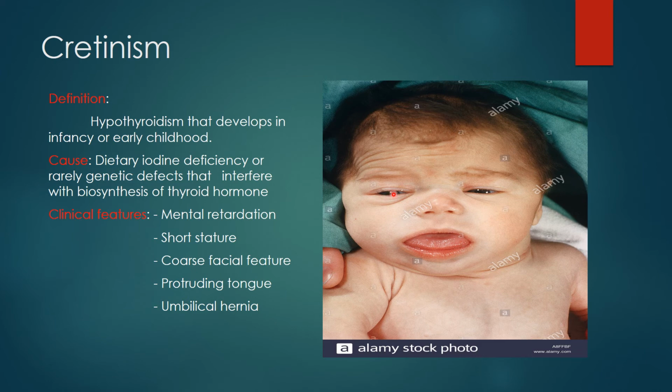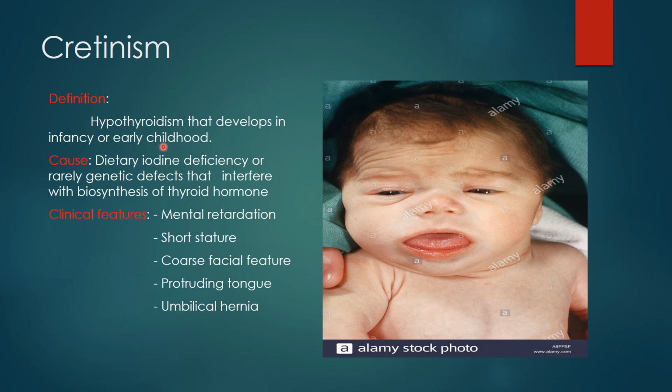As you see in this picture, there is a child who is showing some features. What happens when there is iodine deficiency and impaired synthesis of T3, T4? It causes impaired development of the skeletal system and central nervous system.